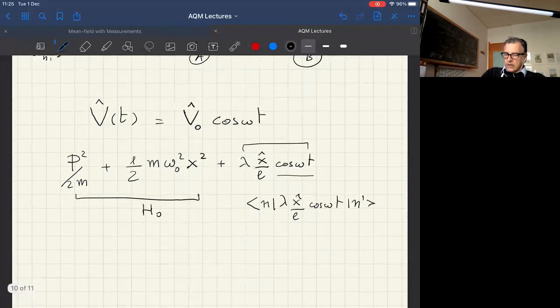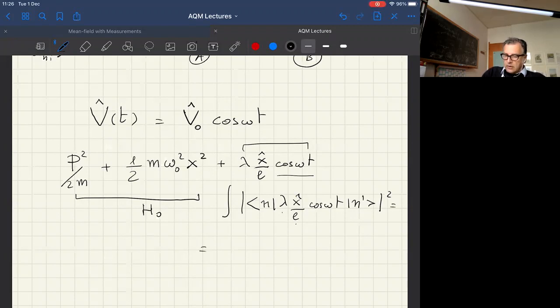Then I have to take the square, and then I have to do some integral. Before doing the integral and taking the square, I just noticed that cosine is a function, lambda is a number, L is a number. So it's a c-number, so I can take it out from the matrix element.